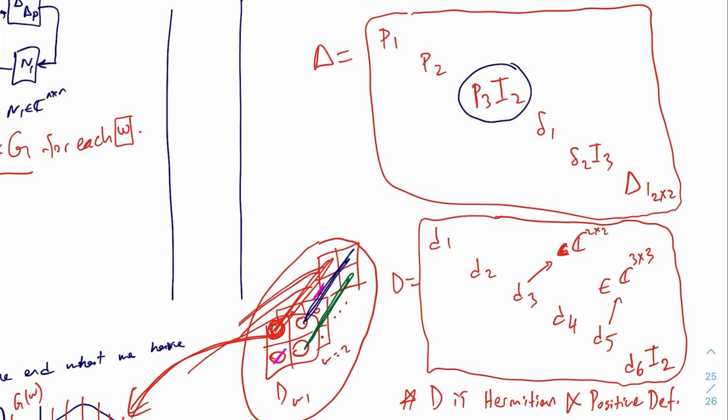Let's look at this. P3 times identity, again this is 2 by 2 but full, 2 by 2 complex. It's not diagonal or scalar. D3 is not scalar. D3 is a 2 by 2 full matrix, so it's not like D3 times identity.